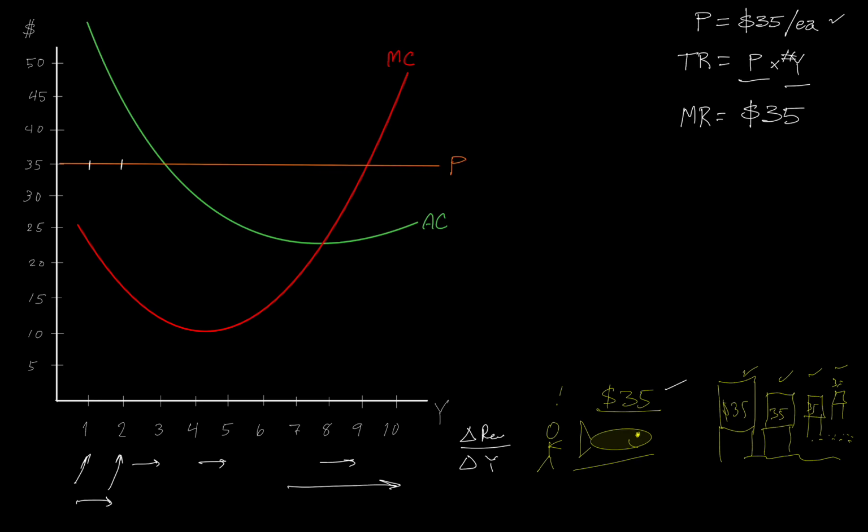So if I had somebody buy 4 fish from me, that's $140, but my output sold went up by 4, so that's going to be 4. 4 goes into 140 35 times. So there you go. You could sell 4 at a time, 1 at a time, but each additional unit of output that you sell is what your marginal revenue is.